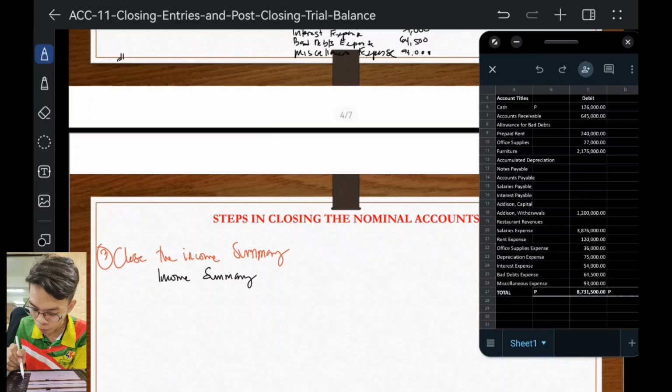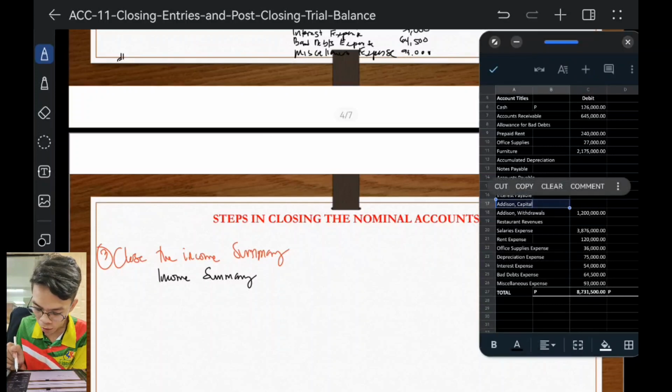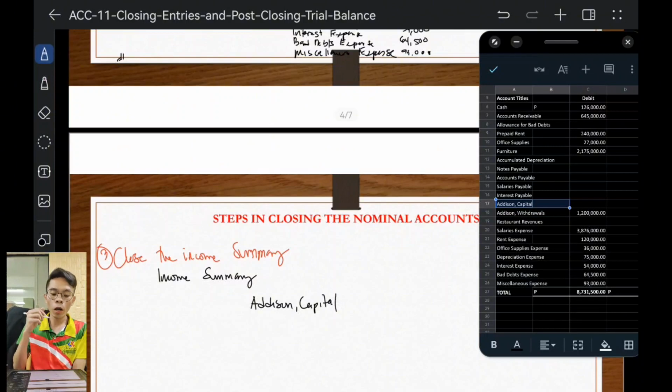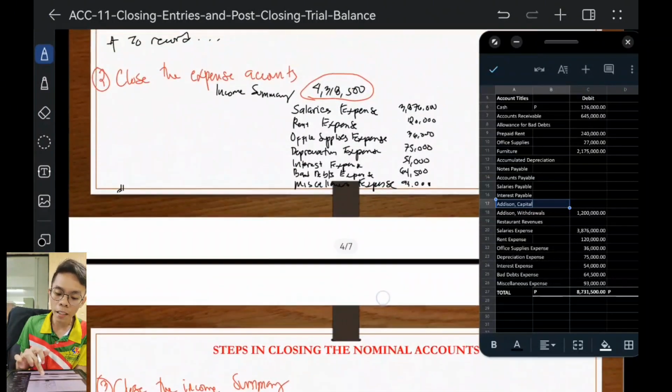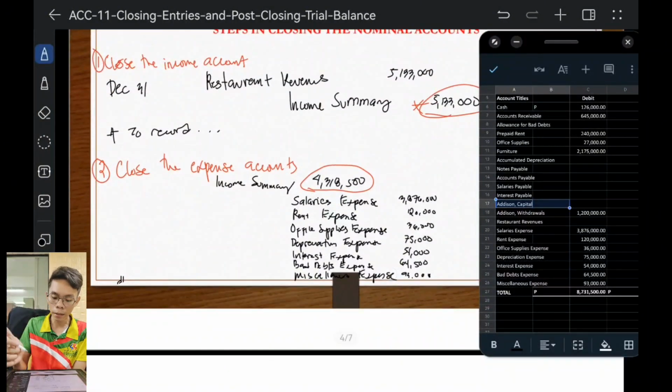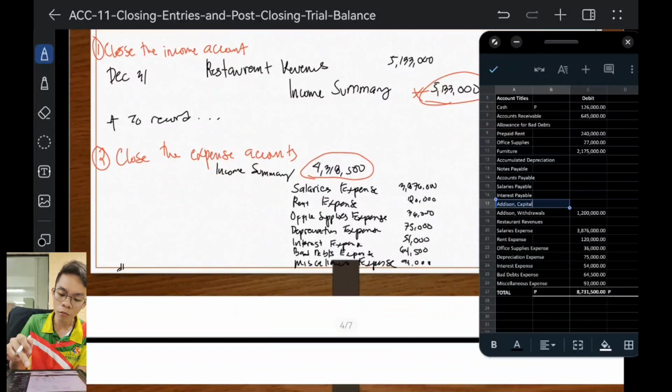So what's the name of the capital here? We have Addison Capital. Okay? So what would be the balance that we are going to use for the income summary? So we are going to deduct them. So we have a credit of 5,133,000.